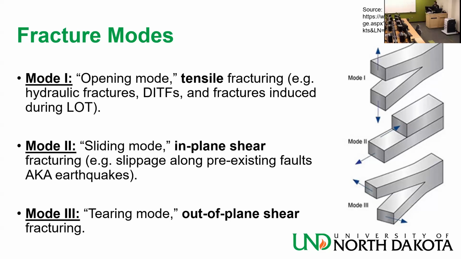When you open a hydraulic fracture, yes, at the crack tip, at the edge of the fracture, you have mode 1. But on the walls of the fracture, as it's moving, you have a lot of mode 2. And this is what is being detected by the microseismic. So that's why you can say I had microseismic and this is the result I received. This is how they look, and I'm confident that my fracture looks like that.